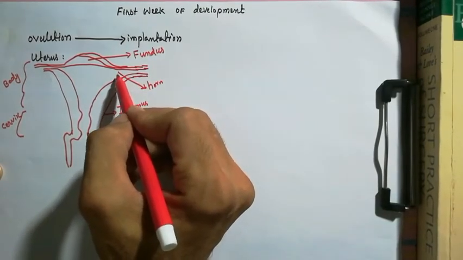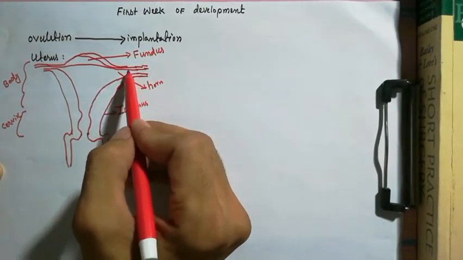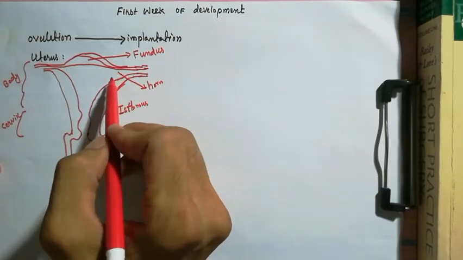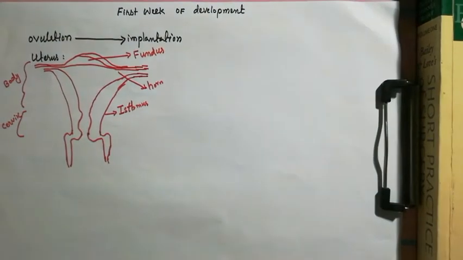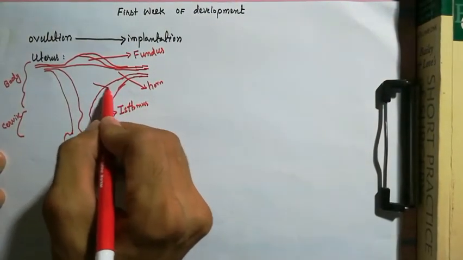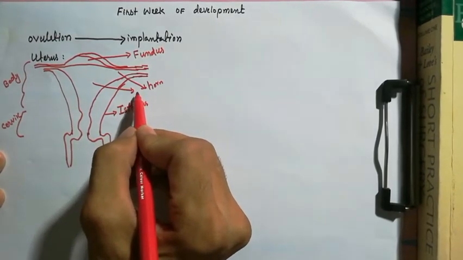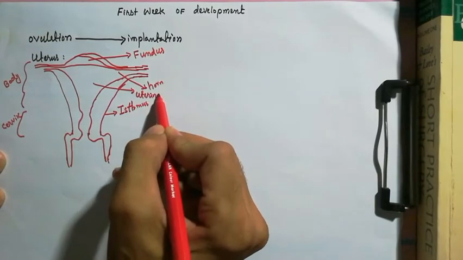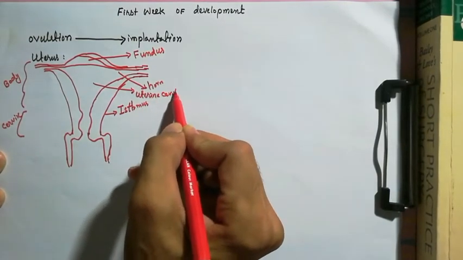From the horn, fallopian tube or uterine tubes are connected with uterus. And this is cavity of uterus. Uterine cavity.